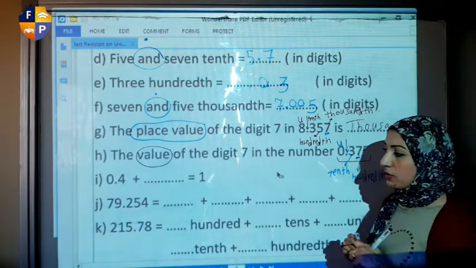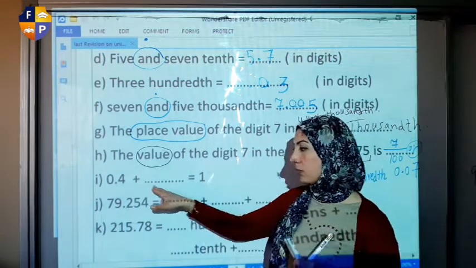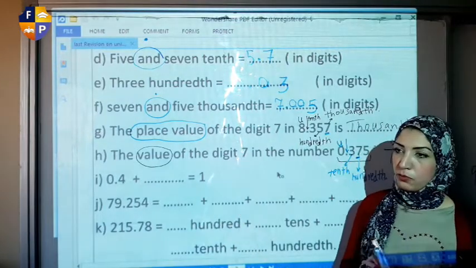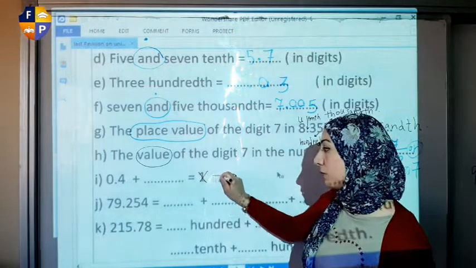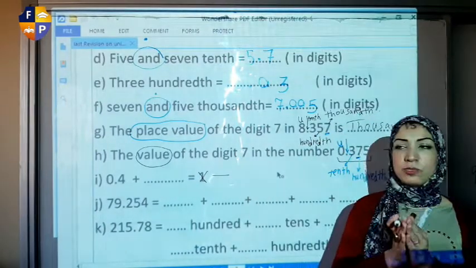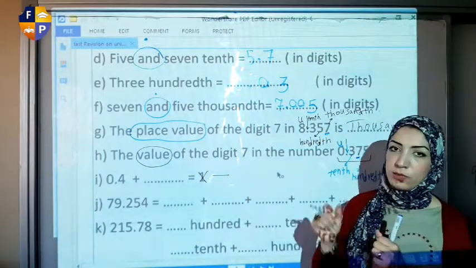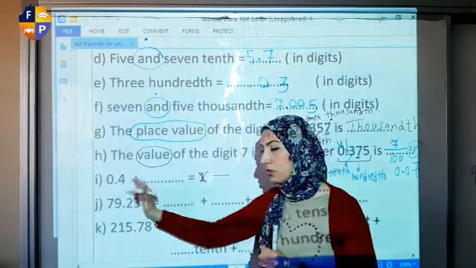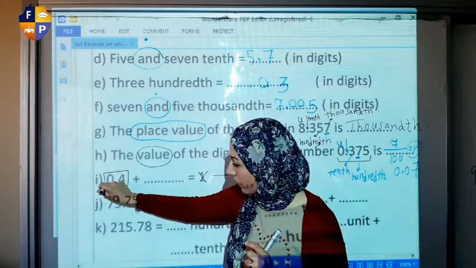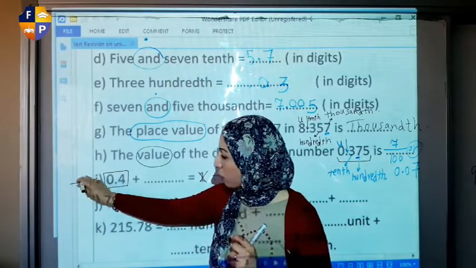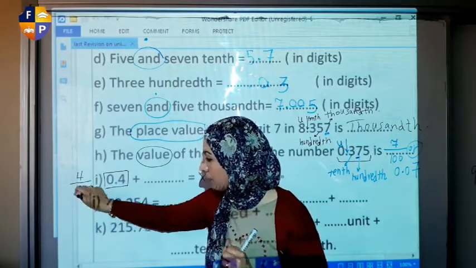Next one, 0.4 plus what equals 1. As we said before, if we have 1, we have to cross 1 and write a fraction. And we can choose this fraction according to the denominator of the other fraction. So first we will change 0.4 into a fraction. So it means 4 over 10.